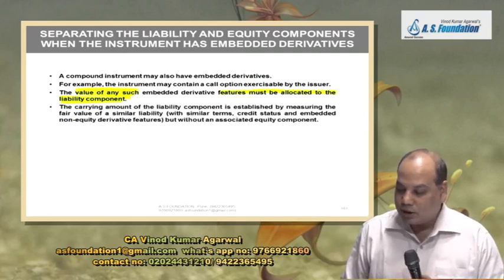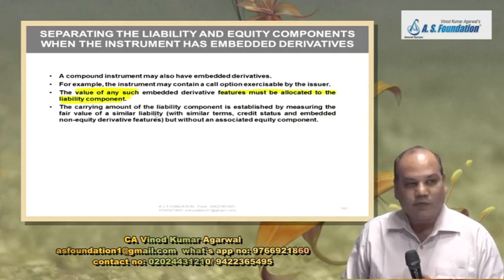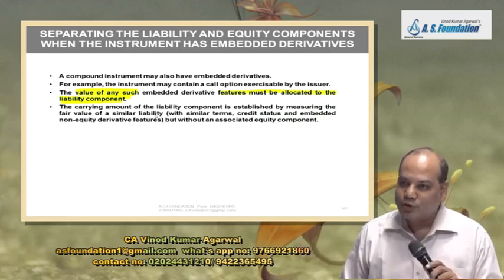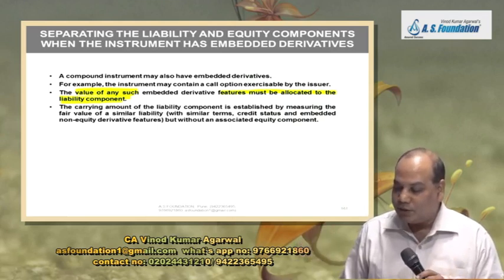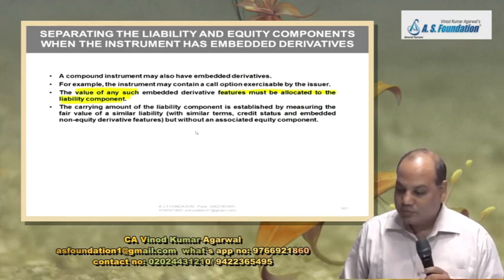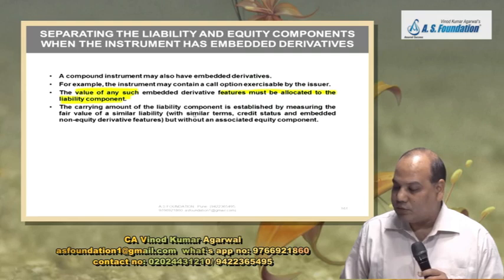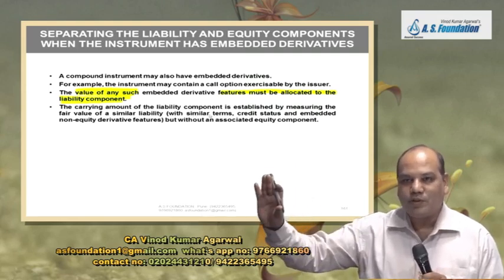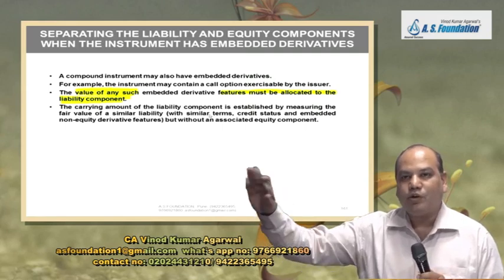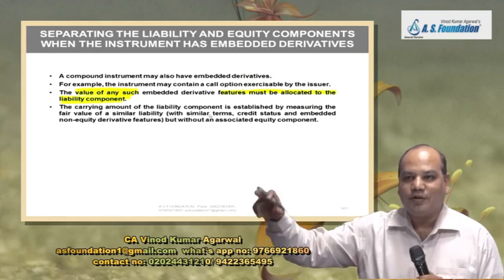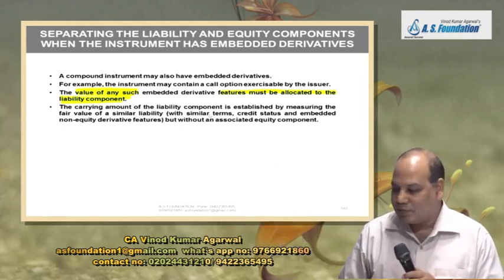The carrying value of the liability component is established by measuring the fair value of similar liability. Whatever we have learned, you continue to do that. Find out the fair value of the liability, present value of future cash flow. And what is the discount rate you will use? Another instrument which has all similar features but without any option, neither callable option nor convertible option.